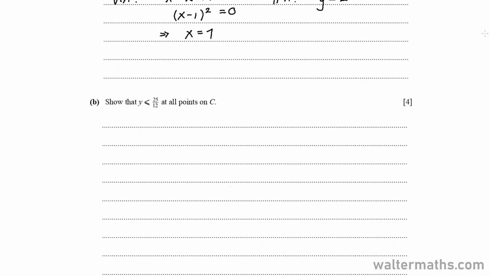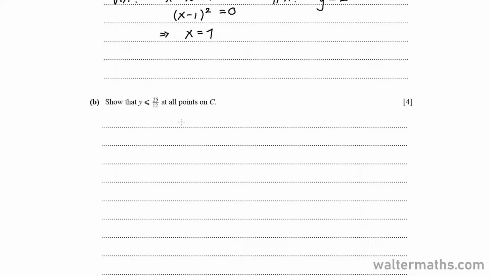On part B, the question goes, show that y is less than or equal to 25 over 12 at all points on C. So the key thing here is we're talking about all points on the curve C, which means these are real values.